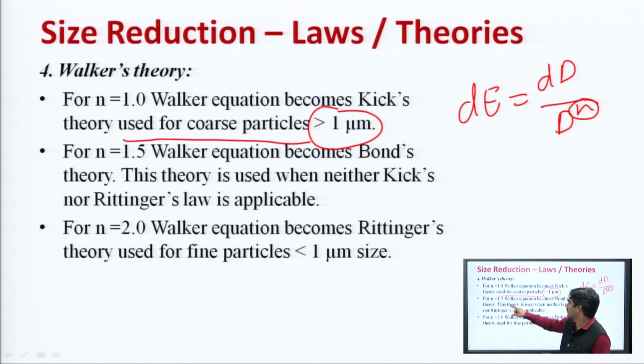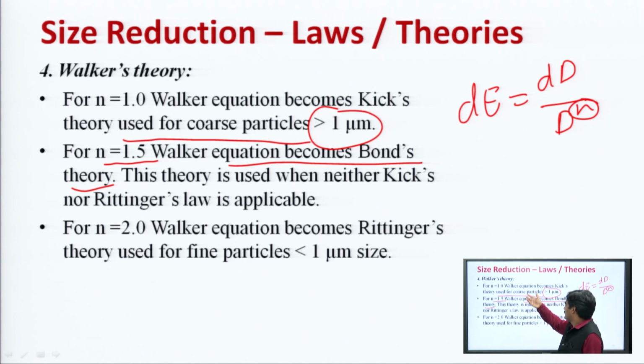Similarly, if we change n to 1.5, this value is a little bit higher, that means the diameter of the particle is higher. So, at this value Walker's equation becomes Bond's theory.